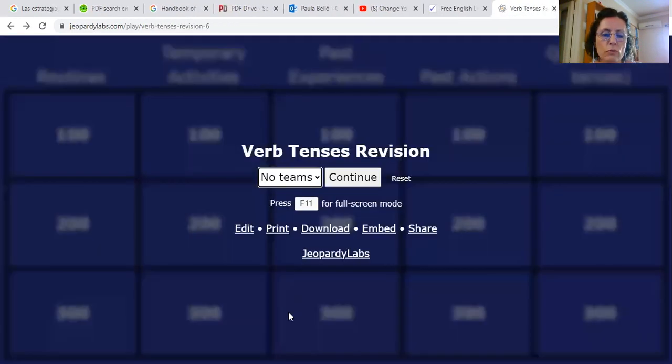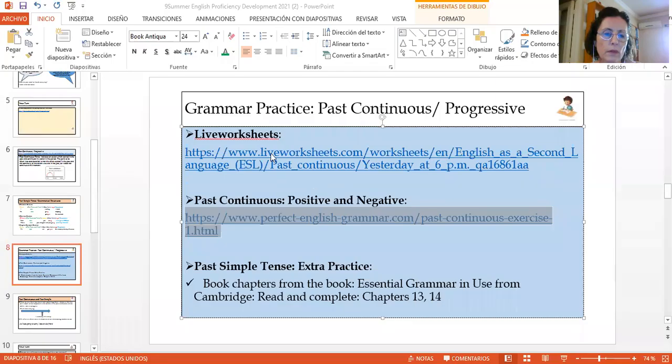Of course, we will have to see now the combination of these two verb tenses and these aspects. The verb tense is the past. We see two aspects, continuous and simple.